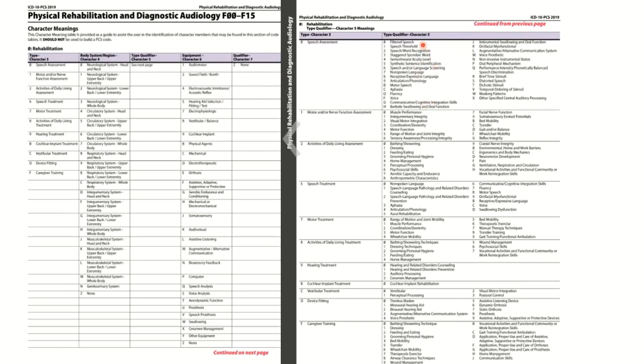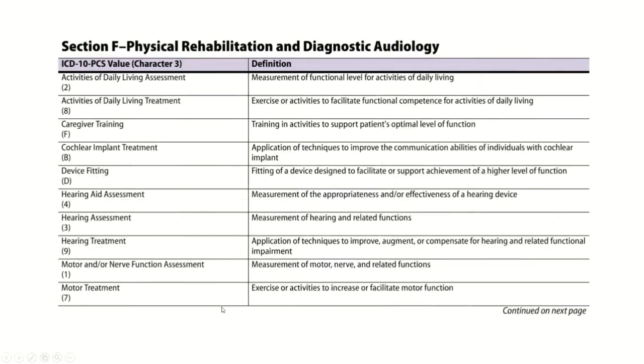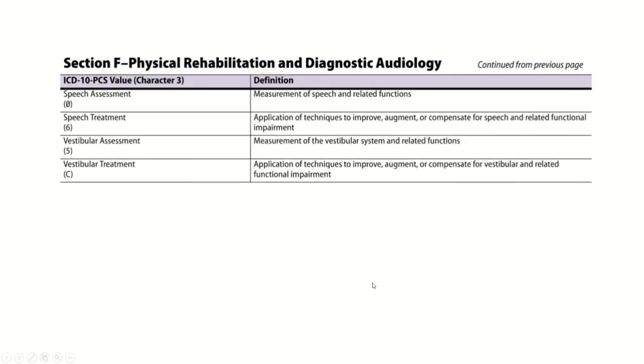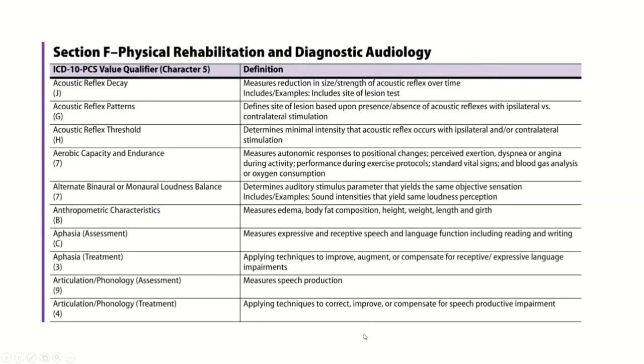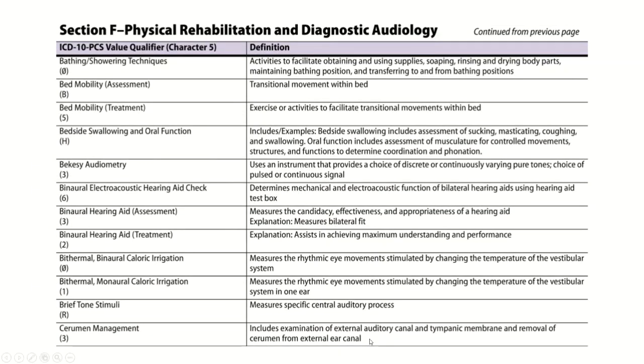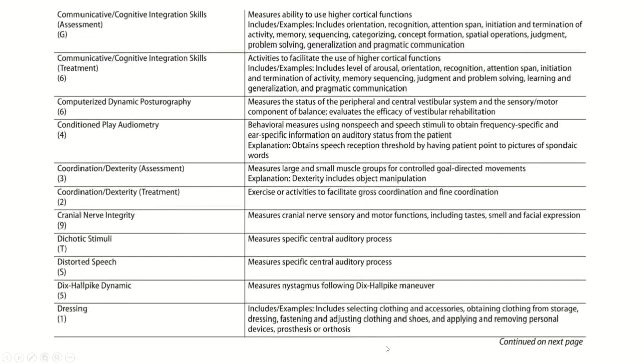The type of speech assessment: is it filtered? Is it speech threshold, speech word recognition, etc.? All right, let's continue. And these are for your rehabilitation. And let's just look at the root types. We're not going to go over them, but just so you know, I got a lot of this material from the PCS manual. In the index, you can pull it up yourself too if you want to read them at a glance.